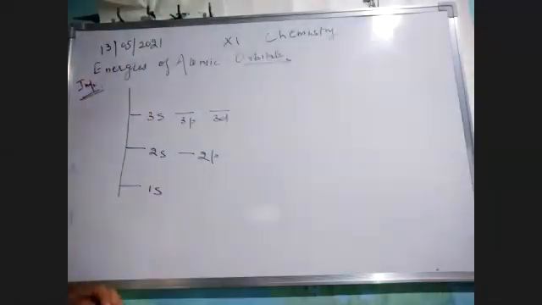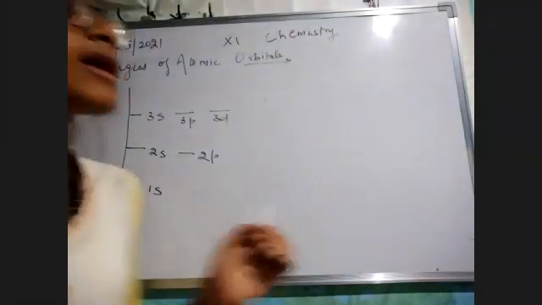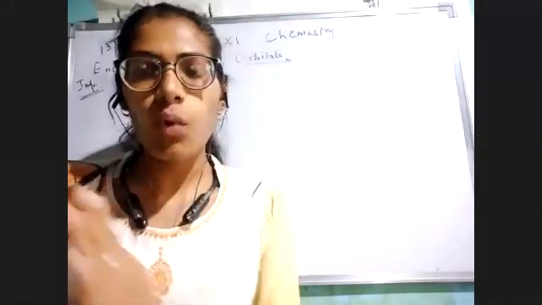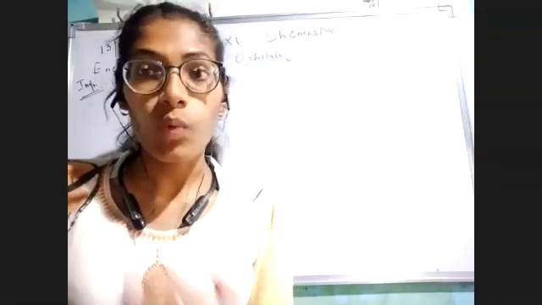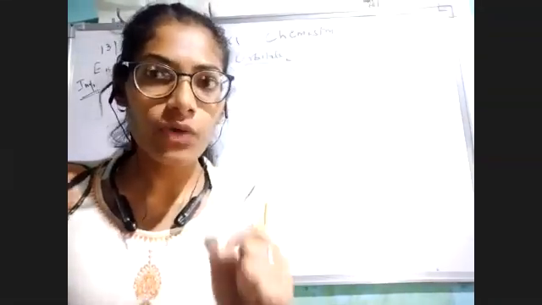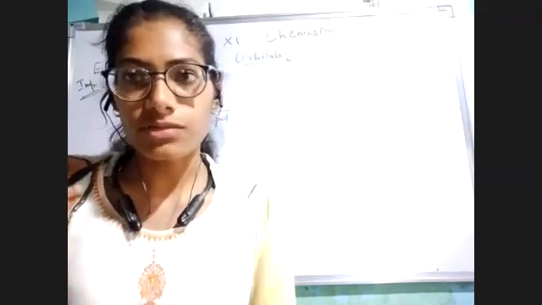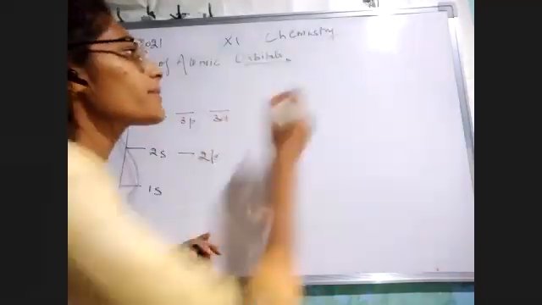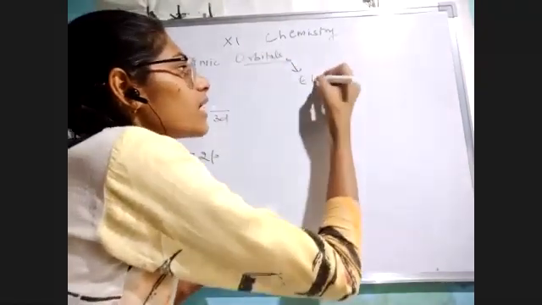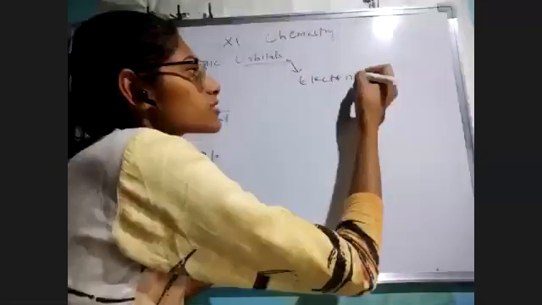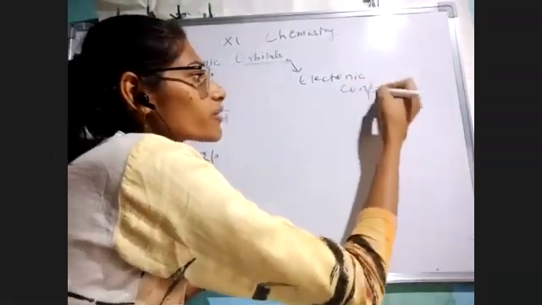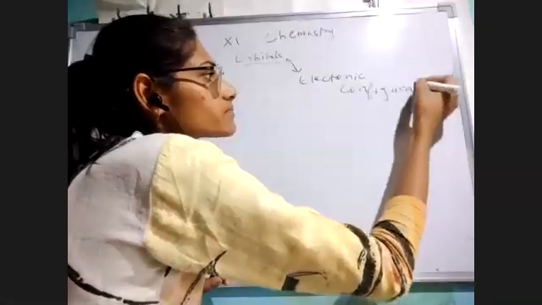So the point arises, how can we arrange them in the order of increasing energy? The benefit is that it would be easier for us to fill up the electrons, on the basis of which we start the electronic configuration.